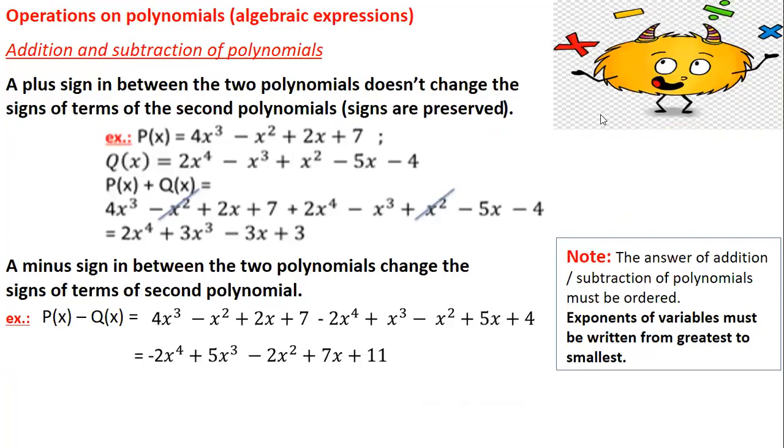Now, operations on polynomials. If I have polynomials, which operations can I perform on them? Addition and subtraction of polynomials. If I have two polynomials, the first is p of x and the second is q of x, and I ask you for p of x plus q of x, I want to add the first polynomial to the second.